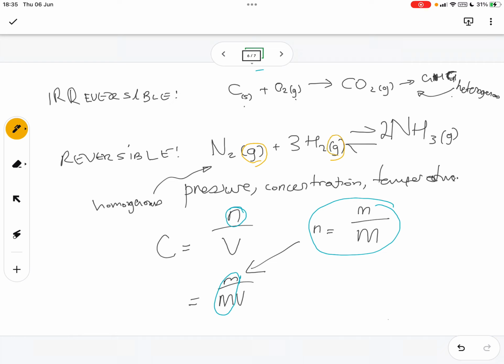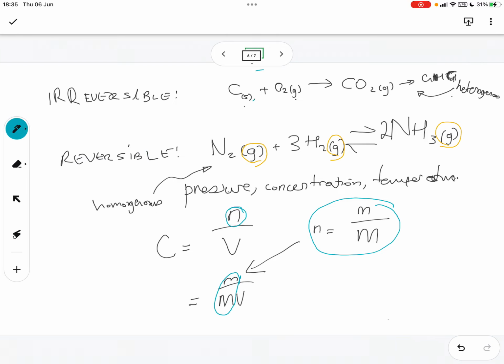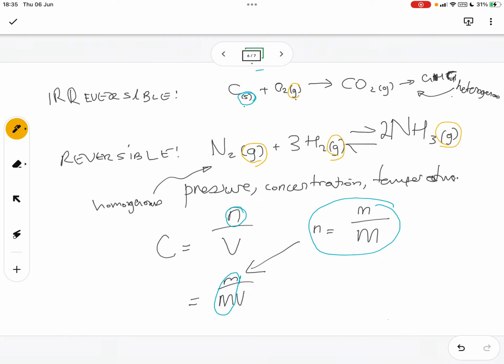So a lot of the time in chemical equilibrium, we get substances that mix, sometimes in gas form, some in aqueous form, but nonetheless, you get substances in one of those phases.